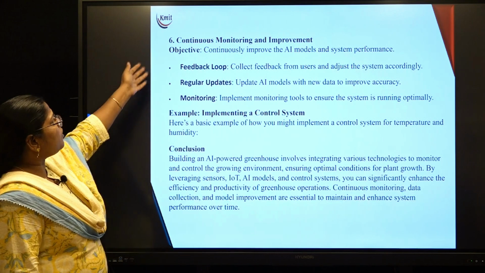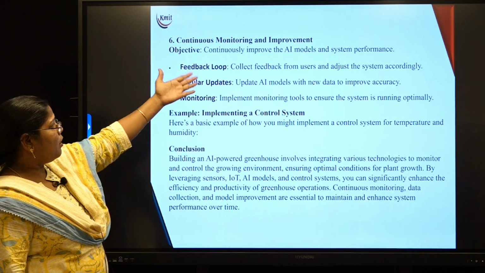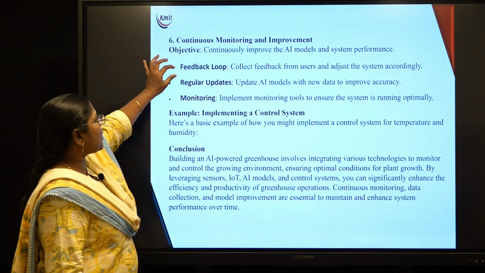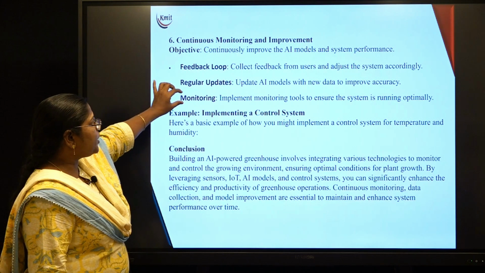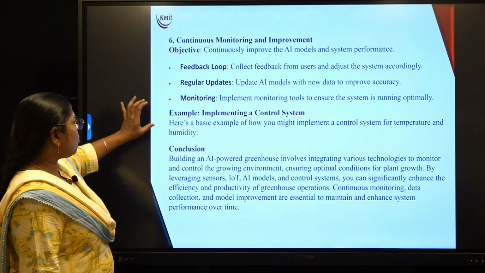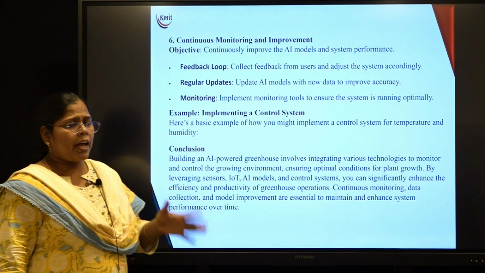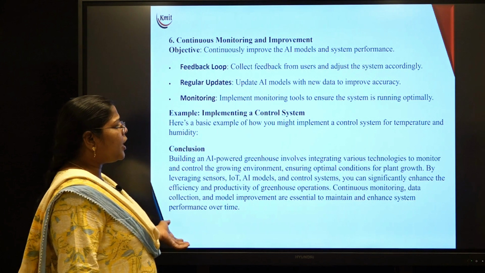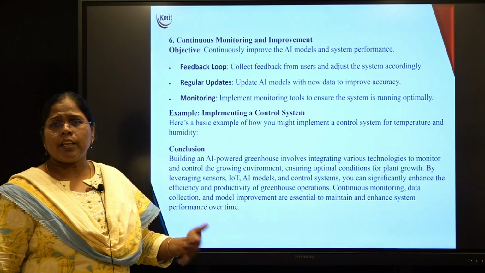Once the model is done, we continuously monitor and improve the AI model performance and system performance by using a feedback loop, regularly updating the model and monitoring the accuracy, whether it is running optimally or not. Once this is done, we have the AI powered greenhouse which can be monitored by hand and which can store or update the data in the cloud.